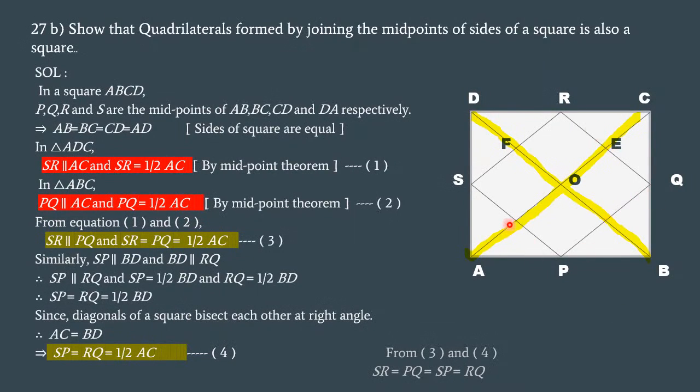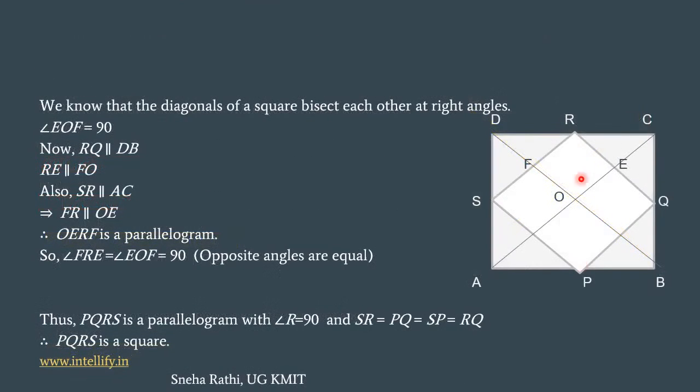Now we have proved that all sides are equal, but we need to prove that the angle is 90 degrees. So for that, we know that diagonals bisect each other at right angles. So angle EOF of square ABCD will be 90 degrees because the diagonals bisect each other at right angles.